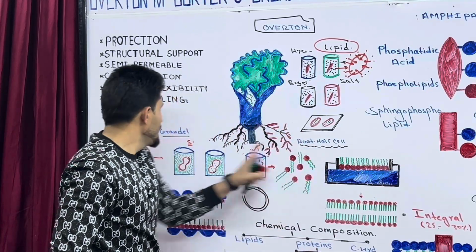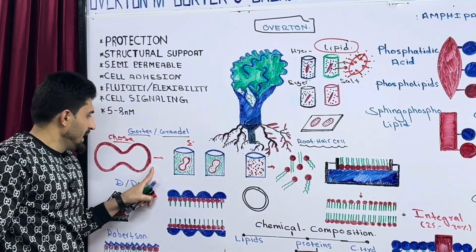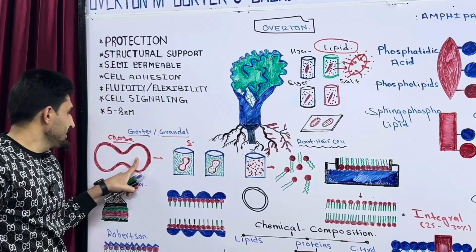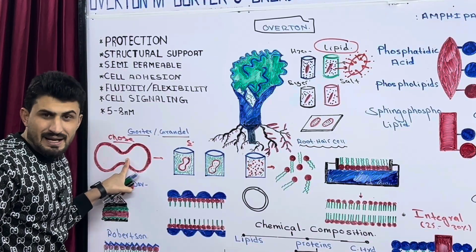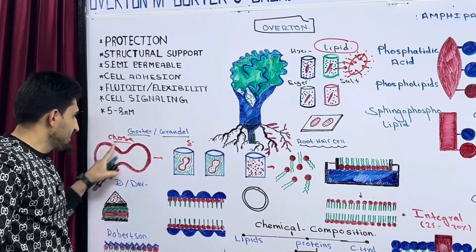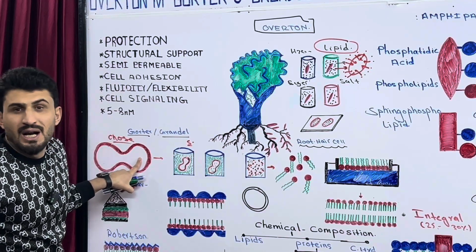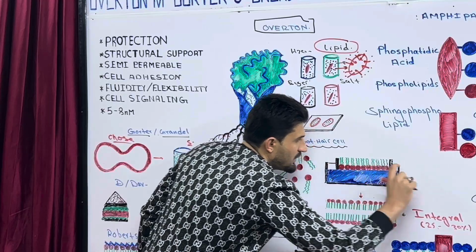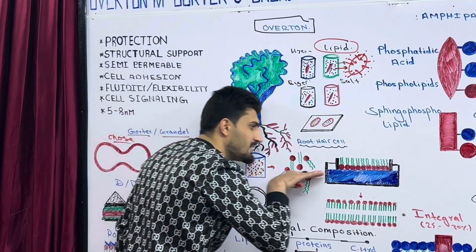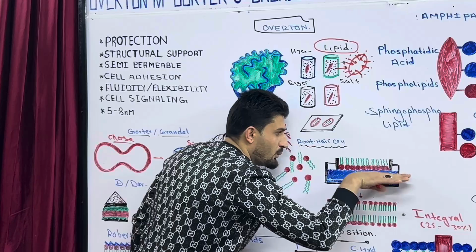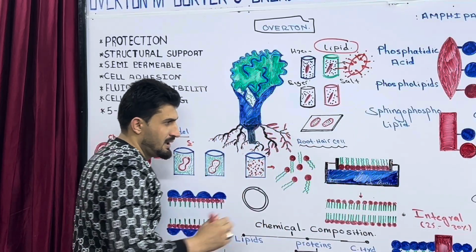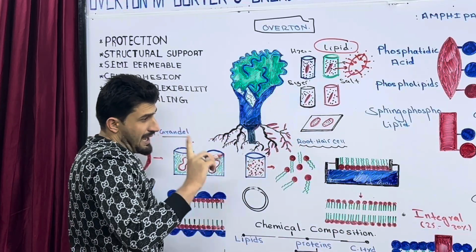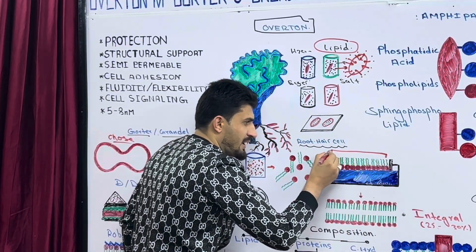And they chose RBC because RBC doesn't have organelles, it doesn't have a nucleus and so on. So to measure its surface area was easy for them. Now, when they spread out all these lipids on the surface of water in a special device, and then compressed them all together, they measured this surface area so carefully.